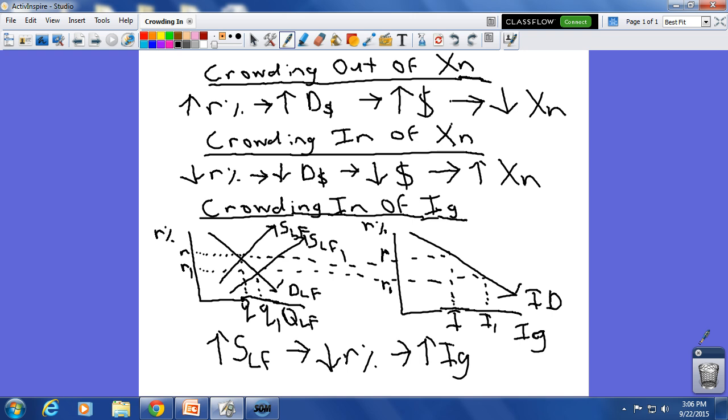That is going to imply a stronger dollar. The dollar becomes a stronger currency when people start demanding it. And that is going to imply that net exports are going to drop. Because as the dollar becomes stronger, American goods become more expensive in other countries.